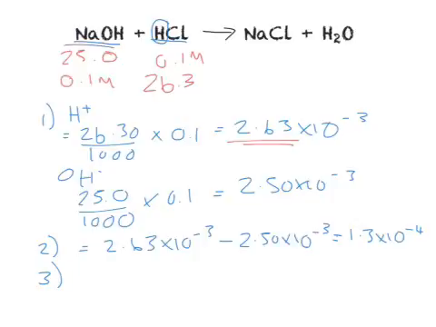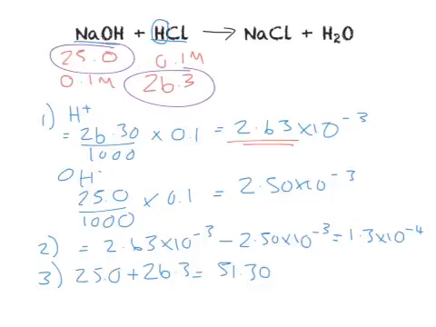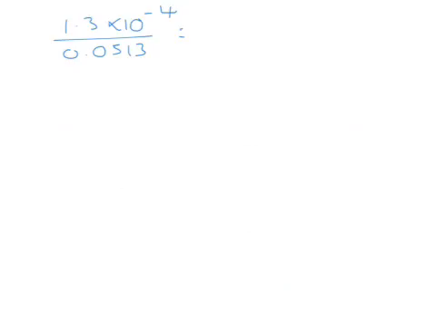So again in the question we can see what the volumes are, and then don't forget to convert that into decimetres cubed: 0.0513. So our next step is to calculate the concentration of the hydrogen ion in excess. So that's number of moles over volume, and if you pop that into your calculator it comes out as 2.534 times 10 to the minus 3.